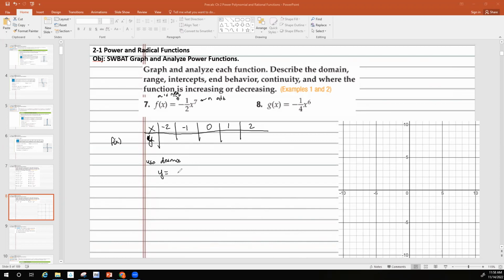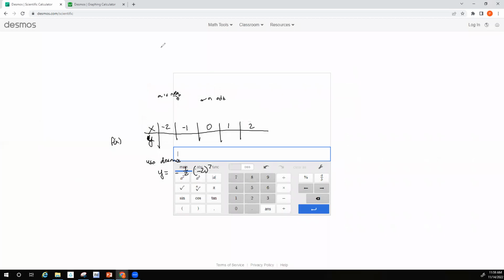So y equals -1/2 times -2 to the 7th power. And if you want to see how to do that, we have -1/2, put the cursor on the right, parentheses, -2, close parentheses, and then a to the b, all to the 7th power.